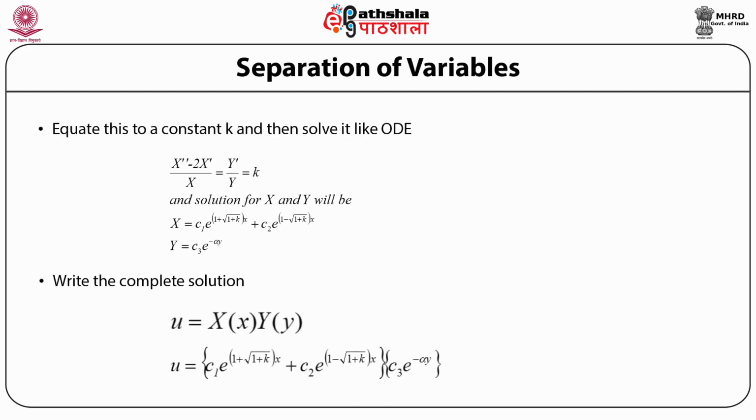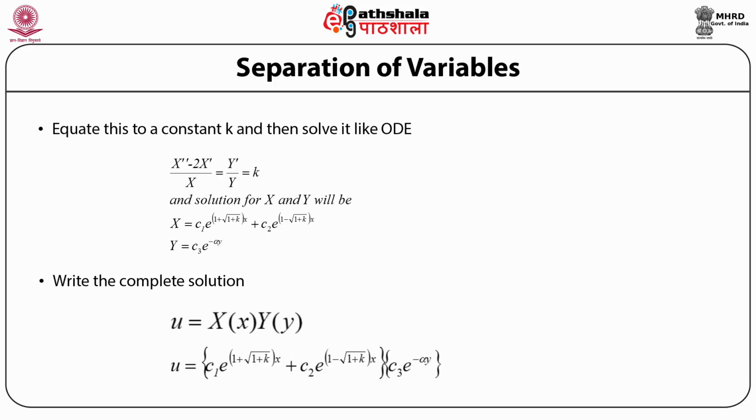Once we have separated the two equations, we can say that this ratio is equal to k. K can be any number, it can be 0, 2, but it cannot be a function of anything else. It's just a proportionality constant.